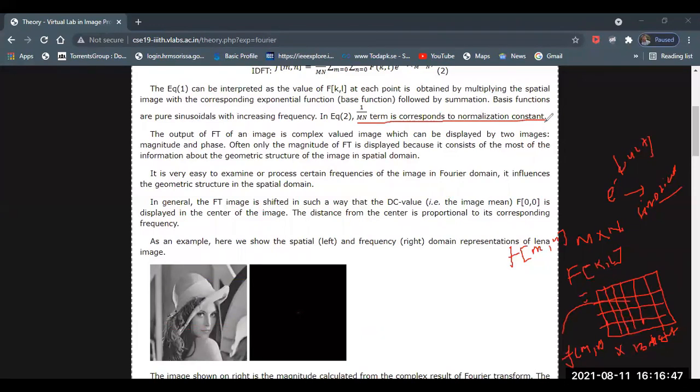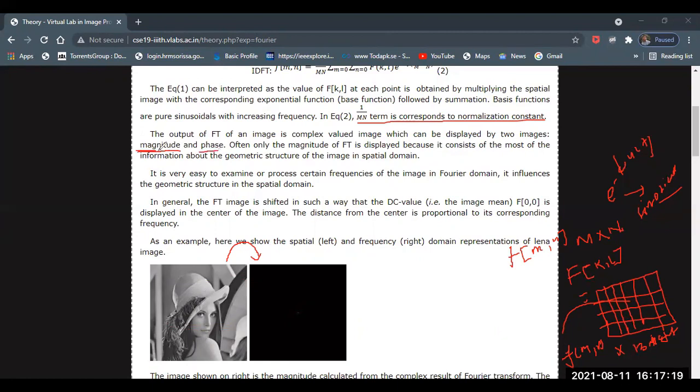The output of the Fourier transform is a complex-valued image, which can be displayed by two images. Whenever we transform the original image to the frequency domain with the Fourier transform, the output is represented in two different types of image. One is called the magnitude spectrum or magnitude image. The second is called the phase spectrum or phase image.